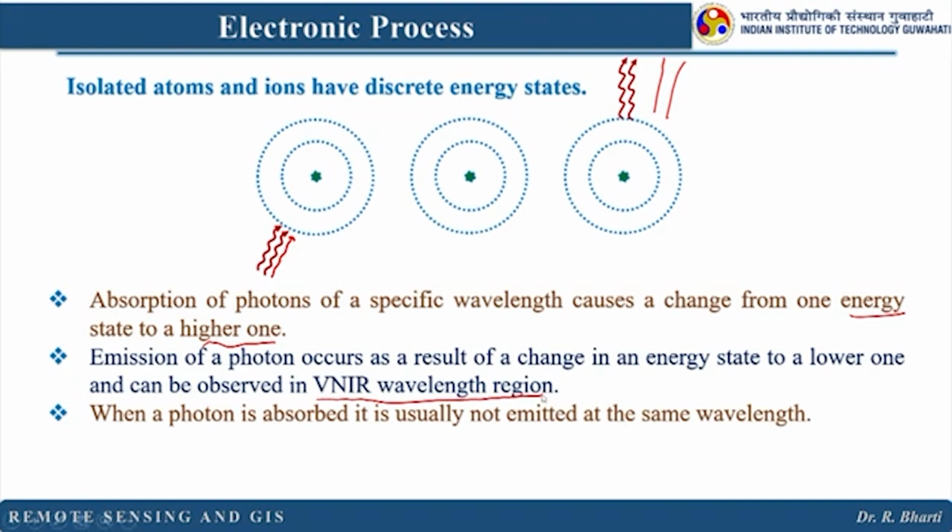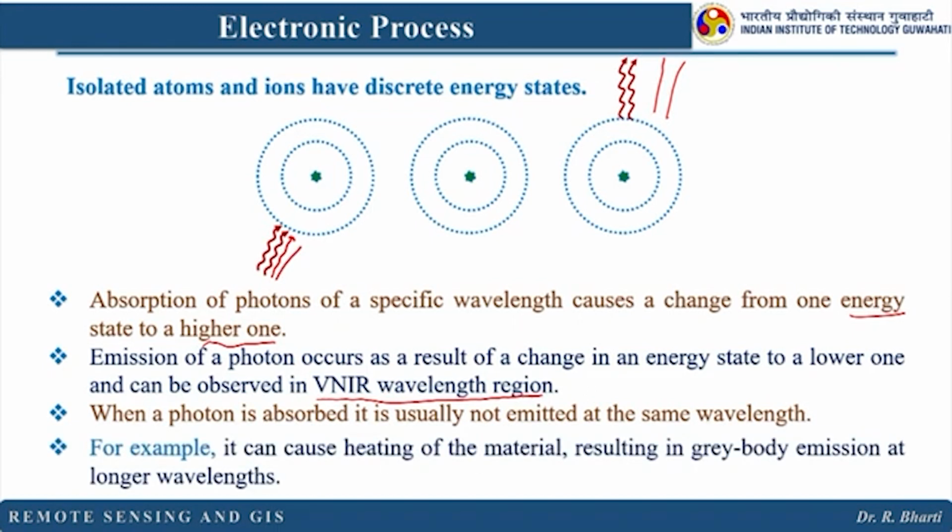When a photon is absorbed, it is usually not emitted at the same wavelength. So as I told you earlier also, if it is absorbed, it will be emitted in the longer wavelength region, right. For example, it can cause heating of the material resulting in gray body emission at longer wavelength.